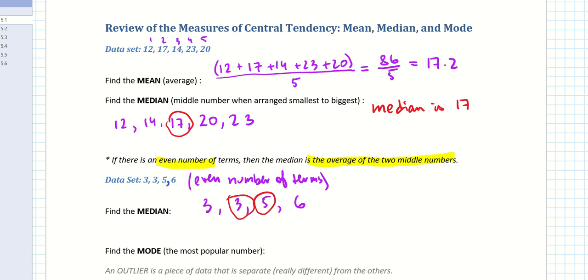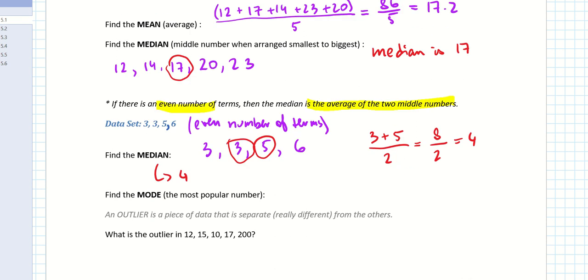So to find the median in this data set, we need to average these 2 numbers together, and we know to find the average, we need to add them first, and because there's only 2, we're going to divide it by 2. So in this case, we get 8 over 2, which is going to be 4. So the median here is going to be 4. So again, even number, you're going to add the 2 middle numbers together and take the average.